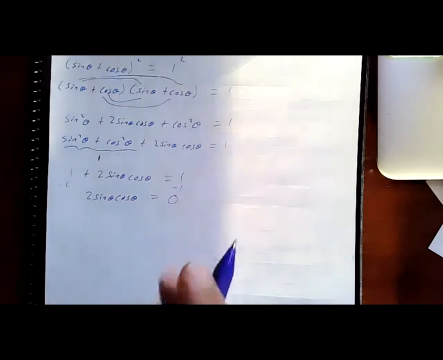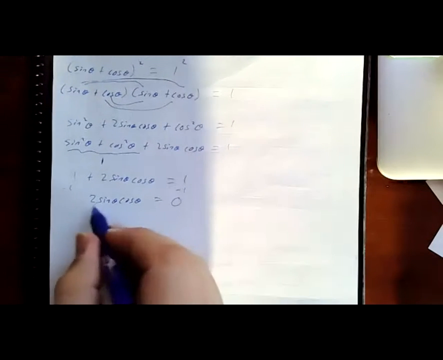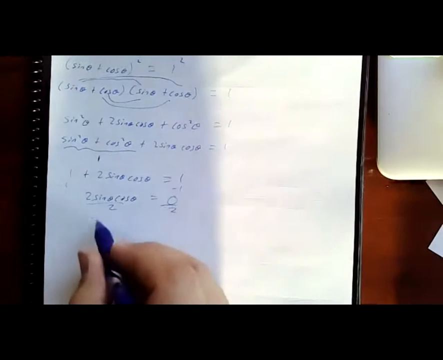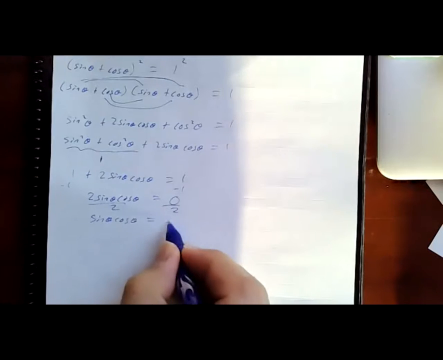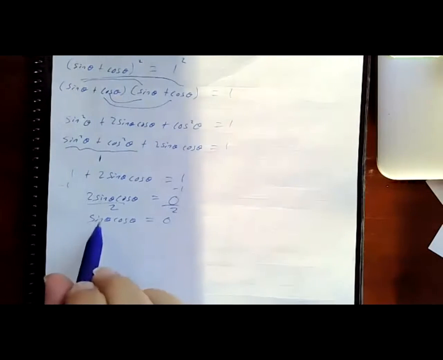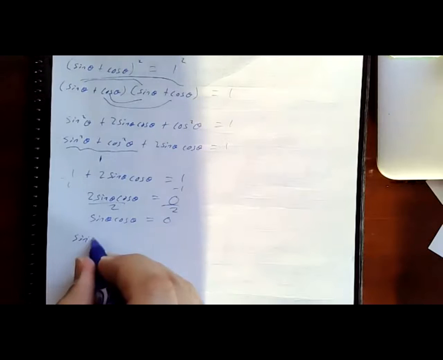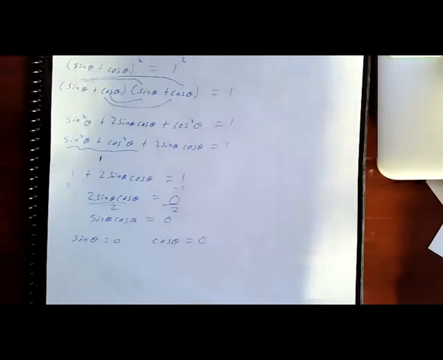Okay, and now that we have it set to 0, we have a property that says I can, well, first of all, just divide both sides by 2. So if I have something times something equal to 0, then I can set each one equal to 0 anytime.